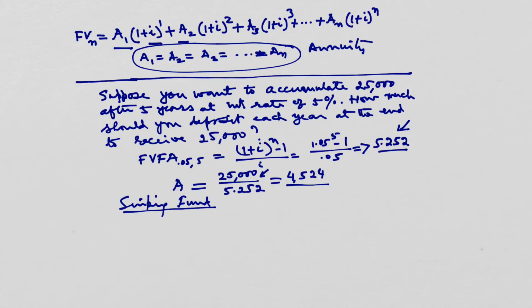From here, if you want to write it in the form of a formula, you can easily write it this way. It is 1 divided by that formula: (1 plus I) raised to n minus 1, divided by I. So this is your factor for sinking fund.